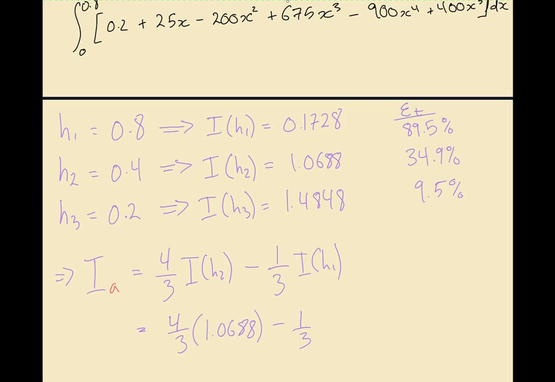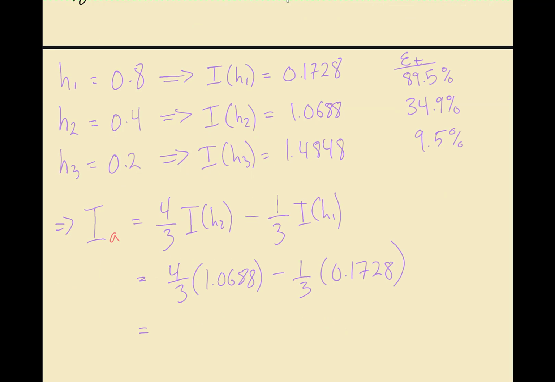Minus 1/3 IH, or sorry, the value for IH1, which is 0.1728. So you do this math, and you get 1.367467. Relative error, 16.6%.